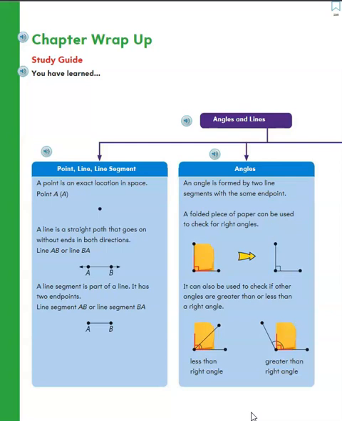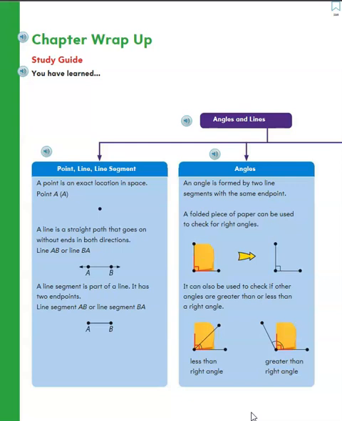I'm also looking around and I notice the desk where I'm sitting is made up of 4 right angles as well. I'm also seeing my windows. My windows are made up of right angles as well. So all of the things that I'm seeing, I'm noticing they're all rectangles or they're squares.